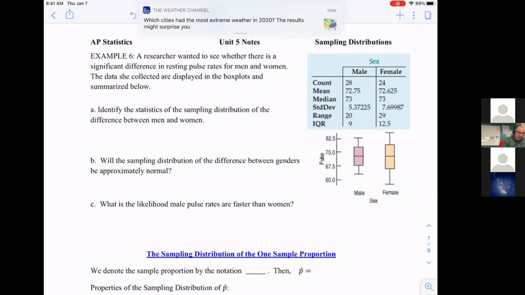Okay, and just to shorten this up a little bit, we're going to let this be the mean of men, and this will be the mean of females. This will be the standard deviation of men, and this is going to be my standard deviation of females.